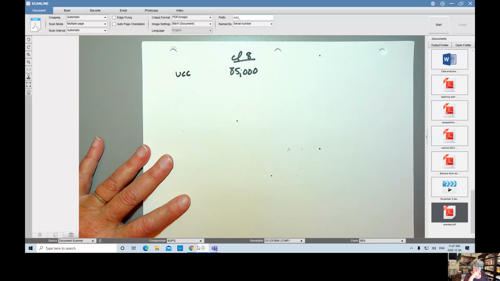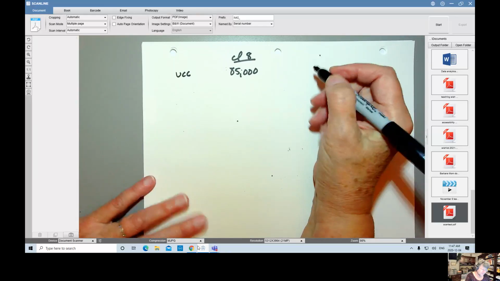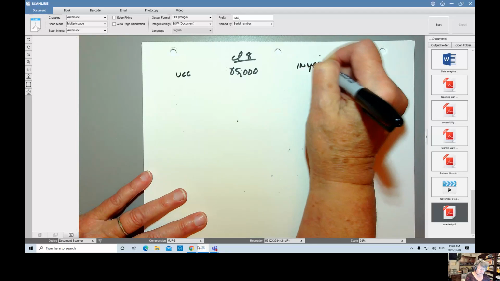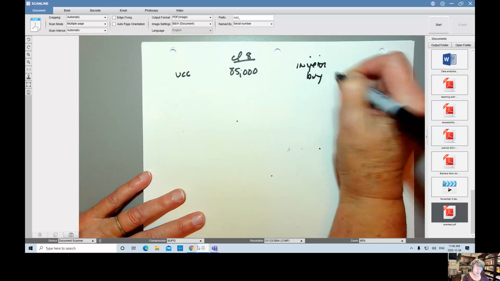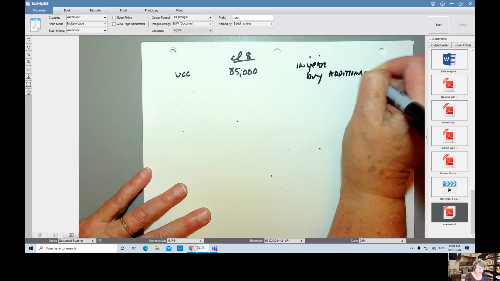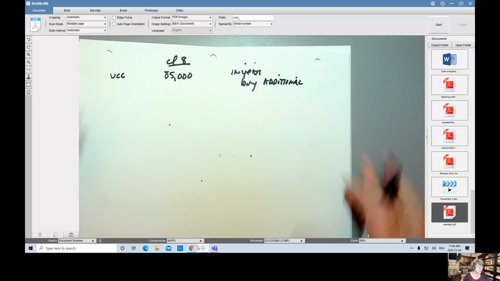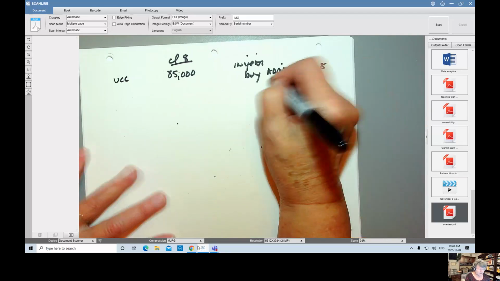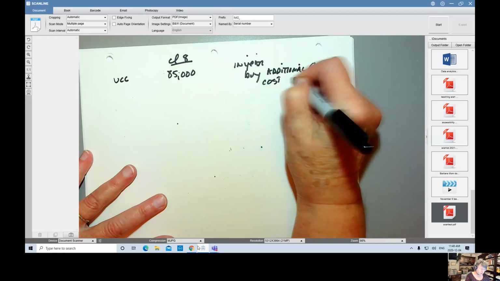So let's assume we've got that beginning UCC balance. And in the year, we buy additional Class 8 assets for a cost of 24,000.